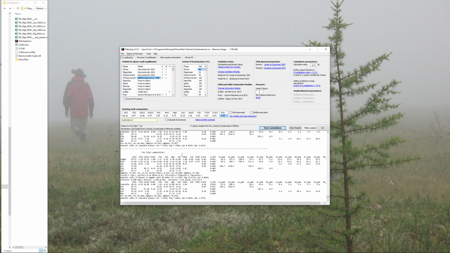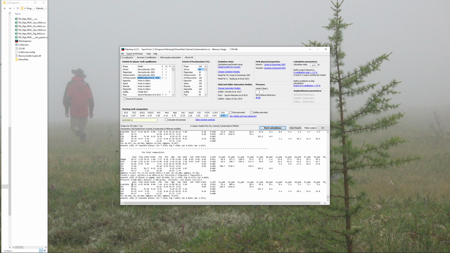What's important to note is that now, because we are not doing 100% fractional crystallization, you can see that in the magma we have melt, and towards the end, as we said, it will be 30% of the melt. We also have some amount of olivine, we have plagioclase, and we have clinopyroxene, and in the cumulate we have all four different minerals, and these are the proportion of those minerals in the cumulate.